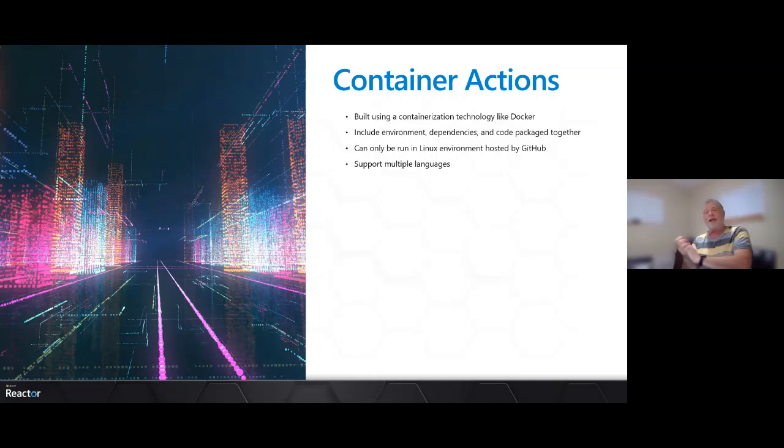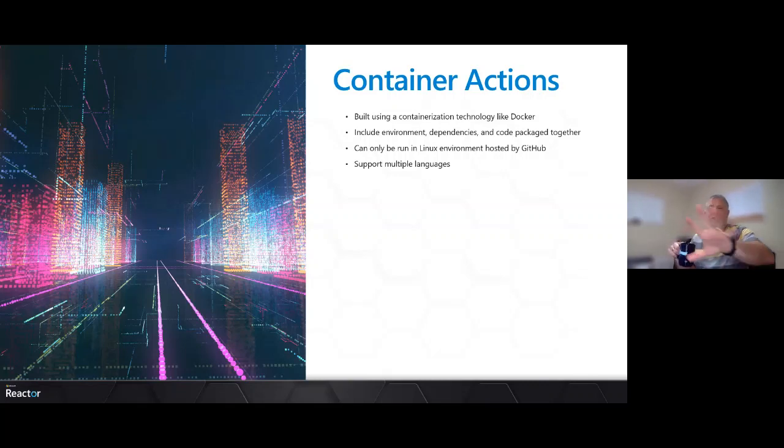And one of the other benefits of containers is that we avoid environment drift or environment differences. It helps us avoid the "well, it ran fine on my machine" problem, because what we're looking for is everything to be self-packaged. So that's one option, the container actions. Some limitations: if you go the container action route, that can only be run in a Linux environment hosted by GitHub.